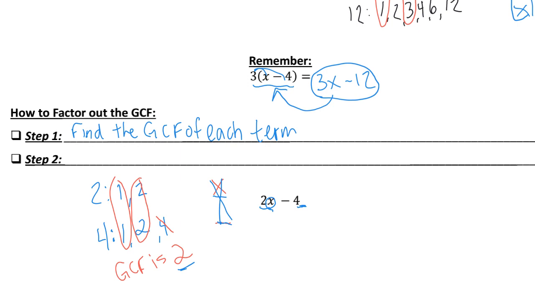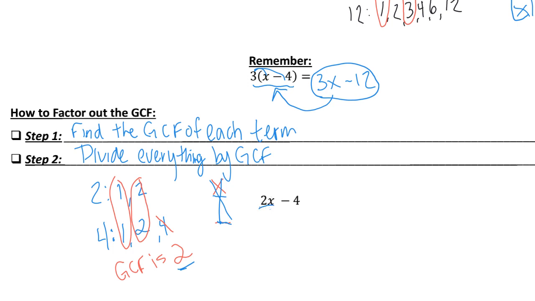So now the next step is to divide everything by our GCF. Okay, so divide everything by the GCF. So I'm going to take this original problem, and I'm going to divide both 2x and 4 by 2.